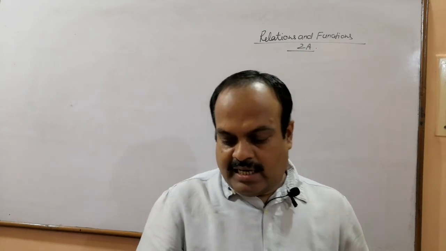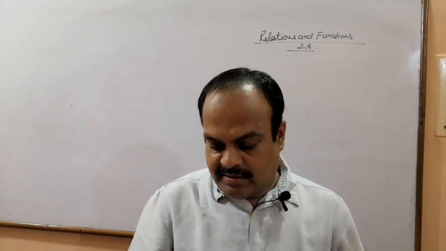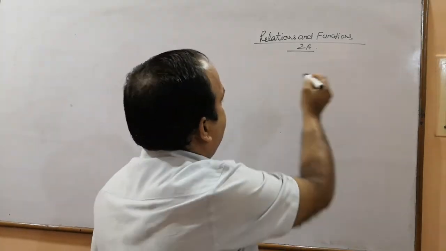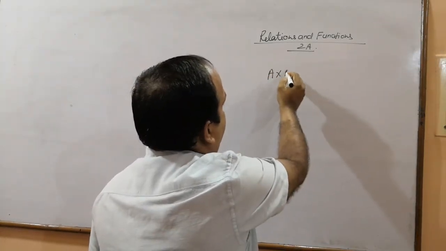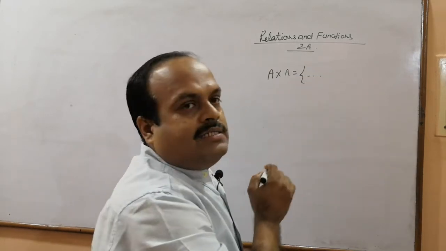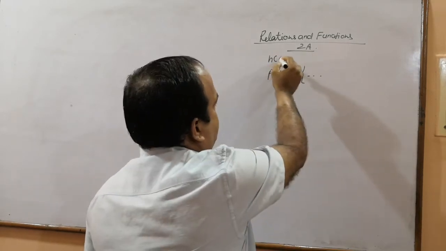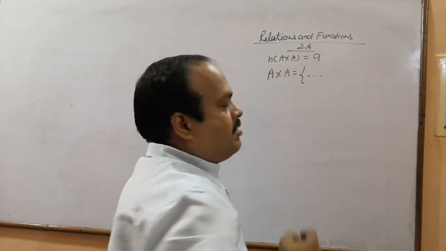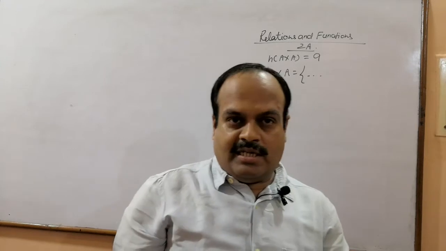The Cartesian product A cross A has 9 elements. So the cardinal number of A cross A is 9.